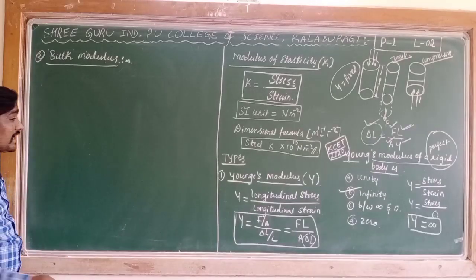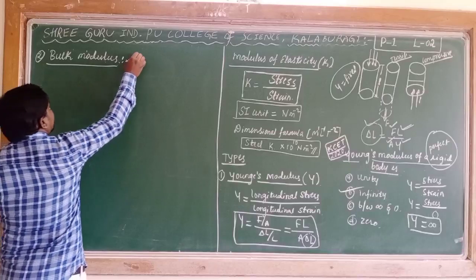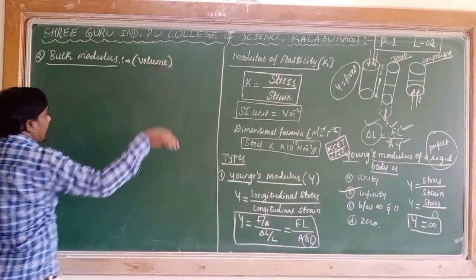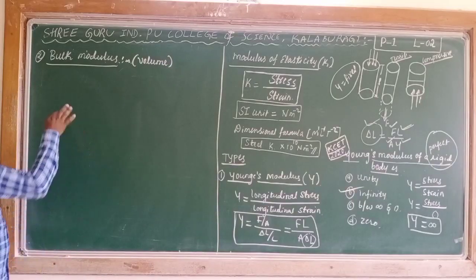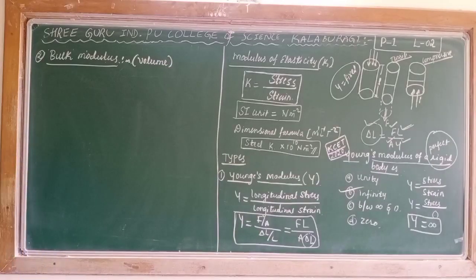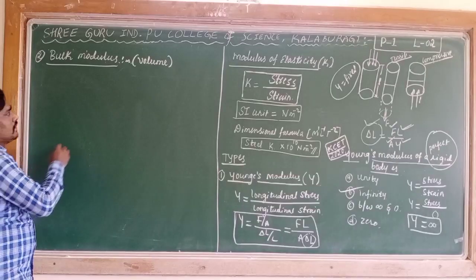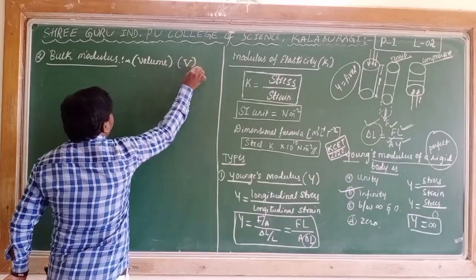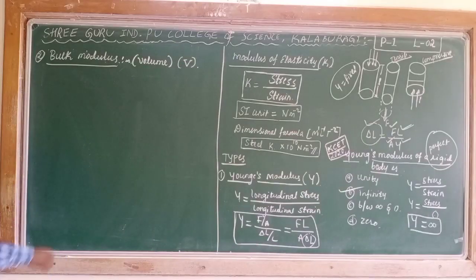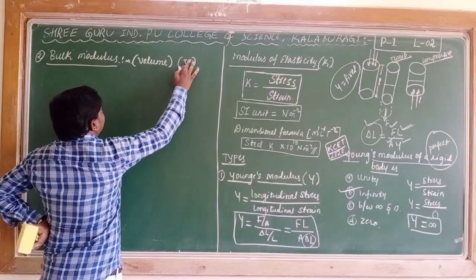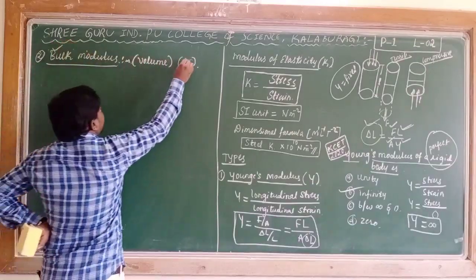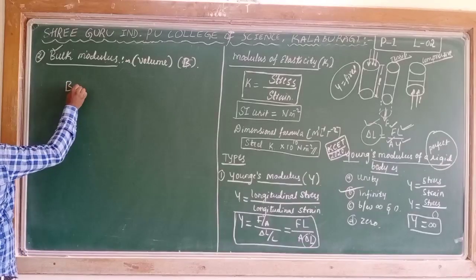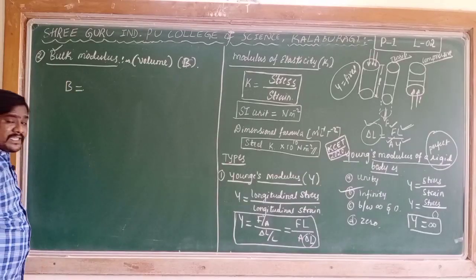What is modulus? Stress by strain. Bulk means here we are discussing volume. Length means length, bulk means volume. Just consider any symbol. For bulk modulus, volumetric, we can consider V, or you can consider the first alphabet, that is B. Bulk modulus is equal to stress here.